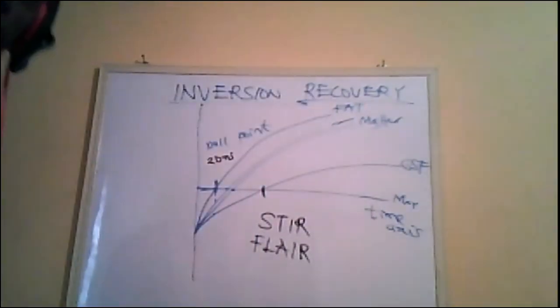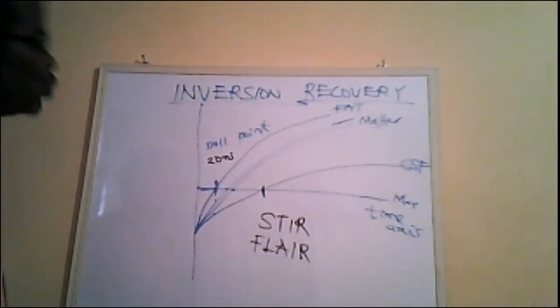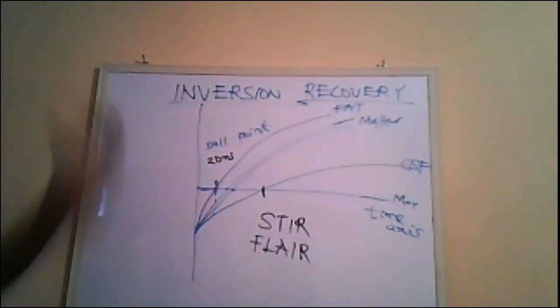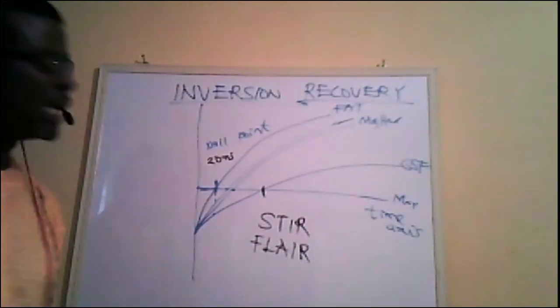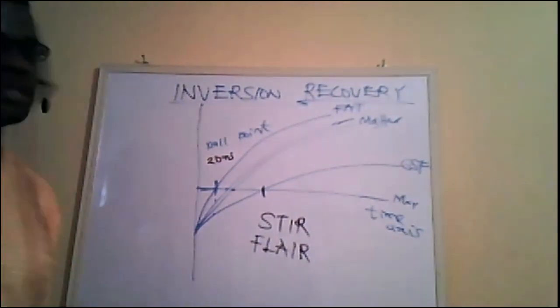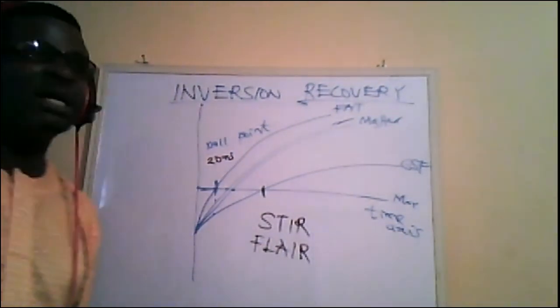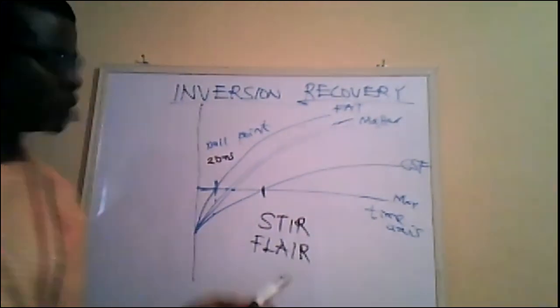This is about all there is to inversion recovery. All we need to know is that it is a tool used to enhance contrast, because at times we can have some annoying signal from some of these tissues.